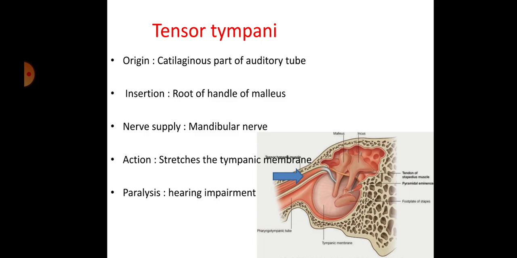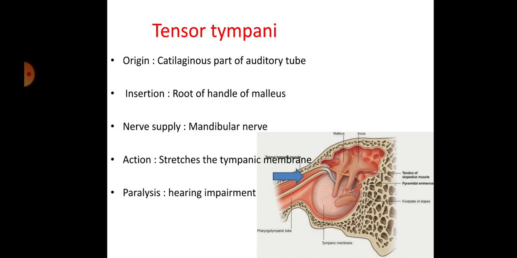As for the action of this muscle, it helps in stretching the tympanic membrane. The tympanic membrane stretches when this muscle is working. The stretching of the tympanic membrane is an important action for the transmission of sound waves from the external ear to the internal ear.